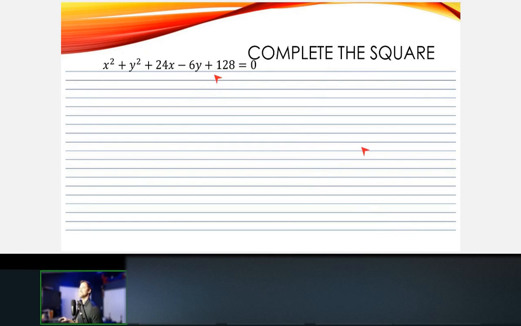All right. So we got this problem right here. x squared plus y squared plus 24x minus 6y plus 128 equals 0. And our goal is to take this general form and put it into standard form of a circle. Also, a fair warning, people watching this video and all of you here, you'll be given equations on your test, and I will not tell you if it is the general form of a circle, ellipse, hyperbola, or parabola.